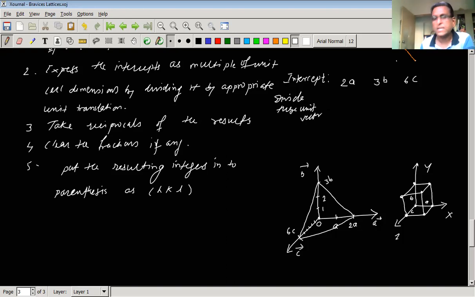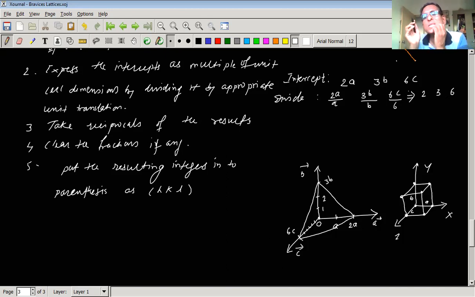Just to save space, I will rub this now. Divide by unit vectors. So when we divide by the unit vectors, what will happen? 2A by A, 3B by B, and 6C by C. So this will lead to 2, 3, 6. So 2, 3, 6, these are the intercepts.